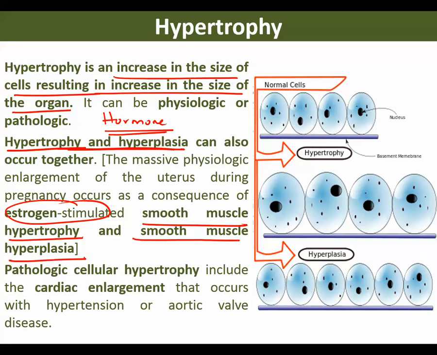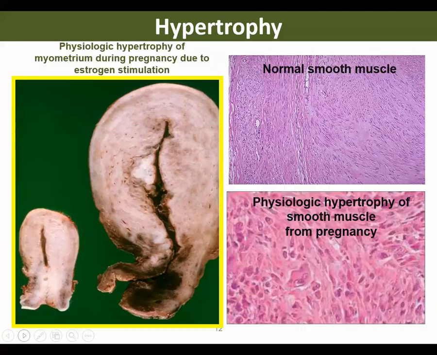If it is due to a pathological reason like hypertension or valve disease, the heart goes for enlargement, that is cardiac hypertrophy. Understand? So it is pathological hypertrophy.